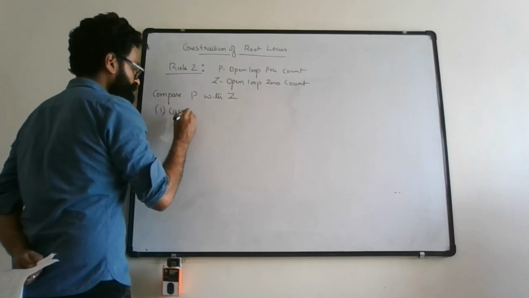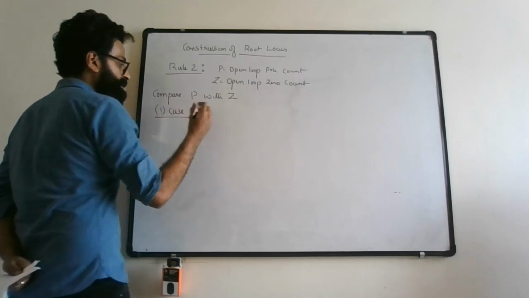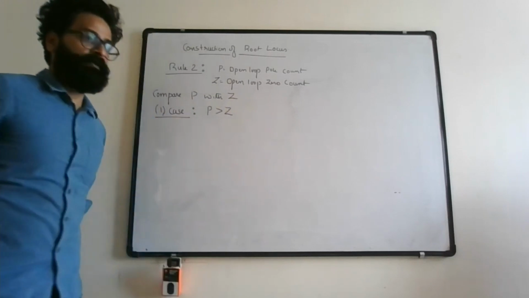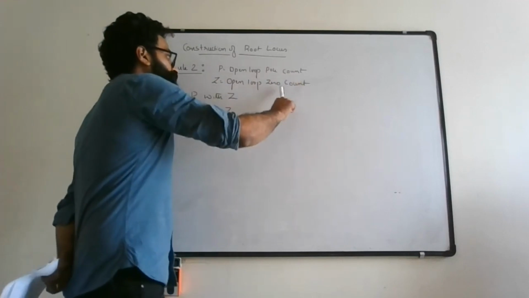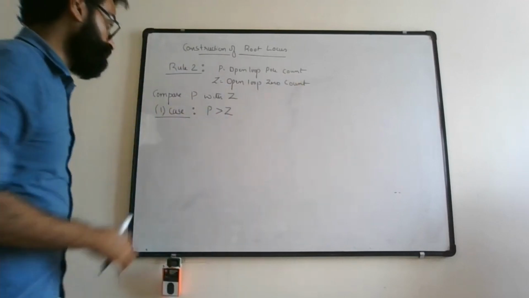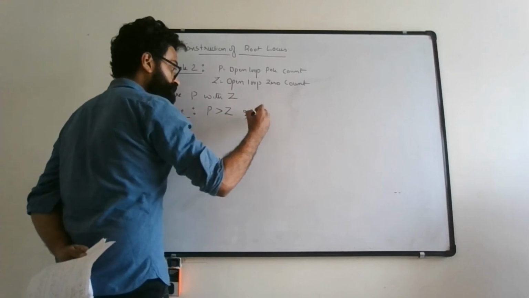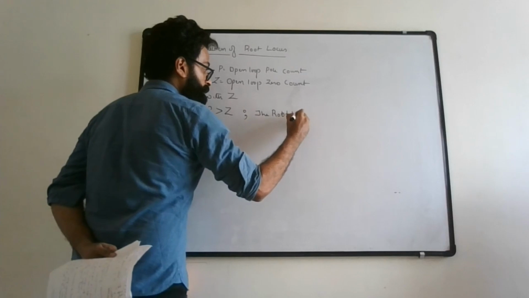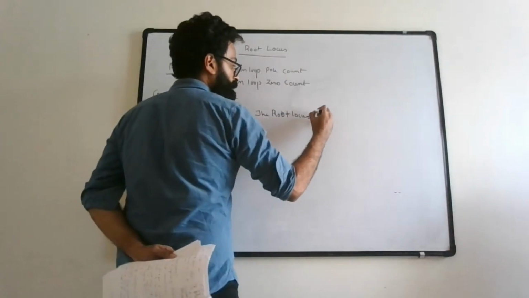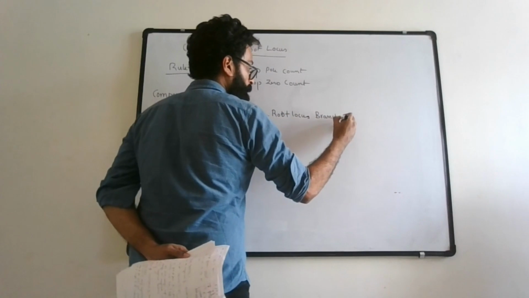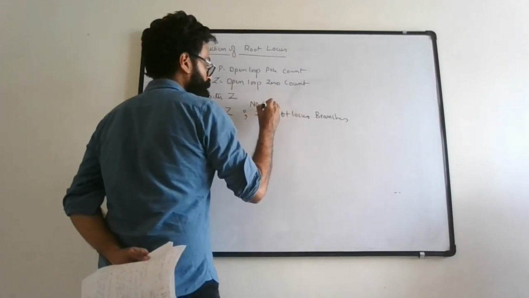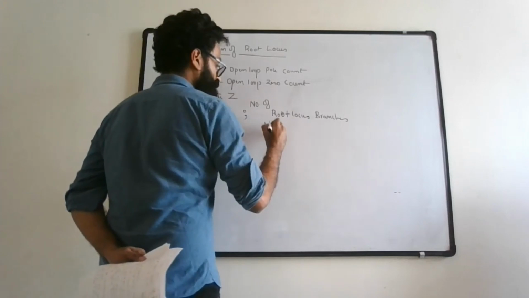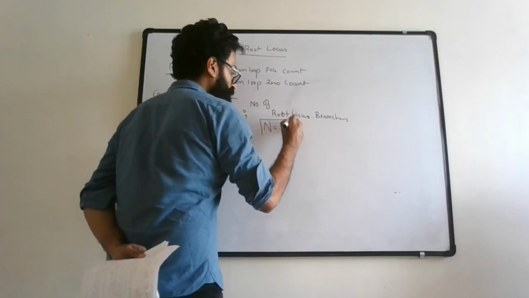So let's consider case 1. Imagine that you have P count greater than Z count. That means the number of open loop poles is greater than the number of open loop zeros. If that is the case, the number of root locus branches, n, is taken as the pole count.